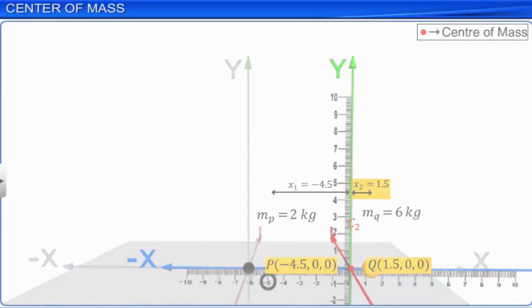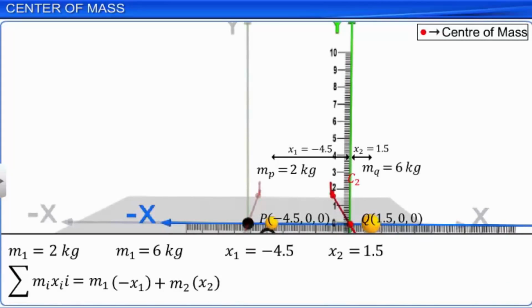Sigma mi xi is equal to m1 into minus x1 plus m2 into x2, which is equal to 2 into minus 4.5 plus 6 into 1.5, which is equal to 0.